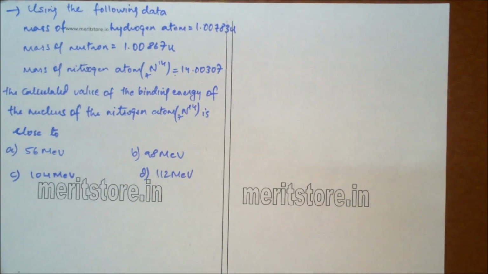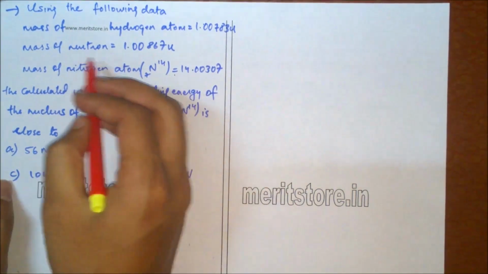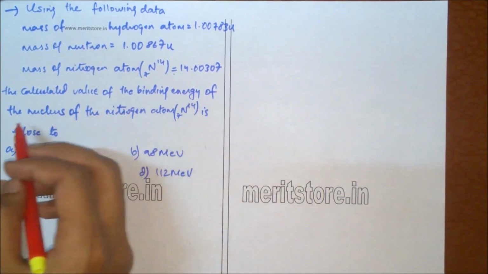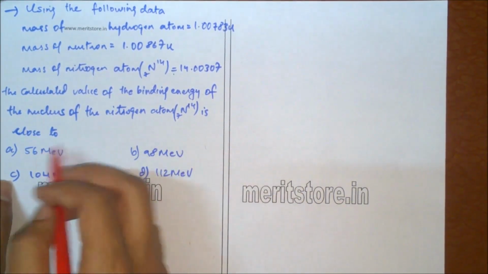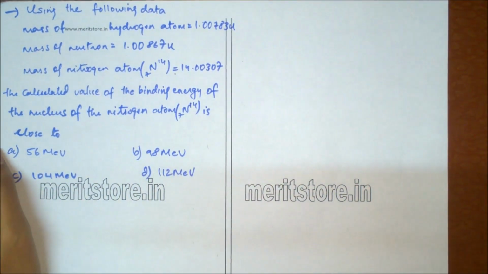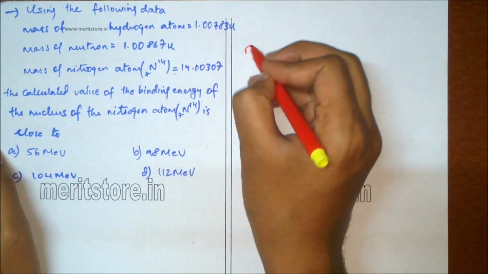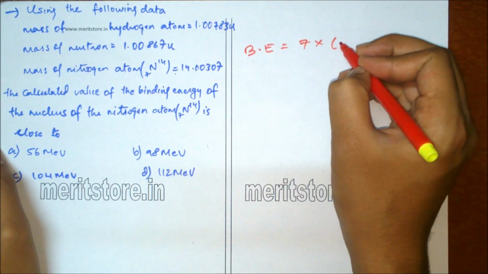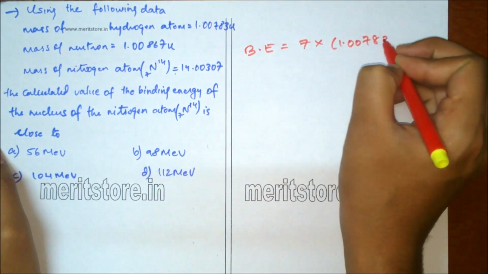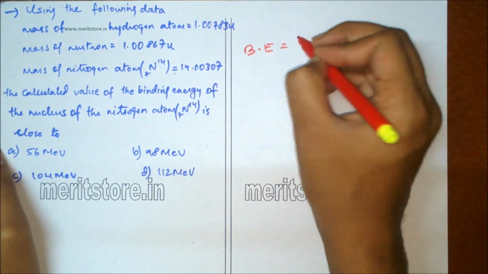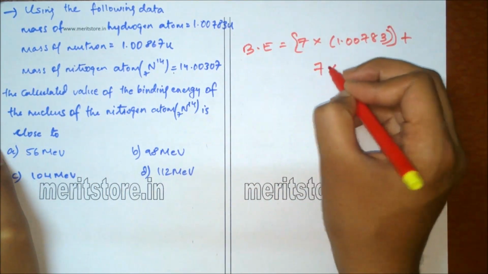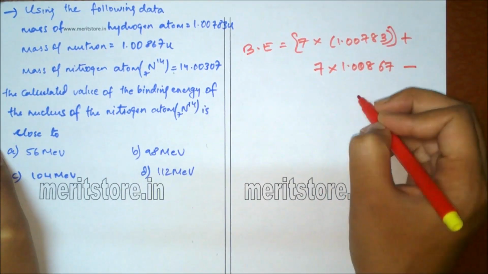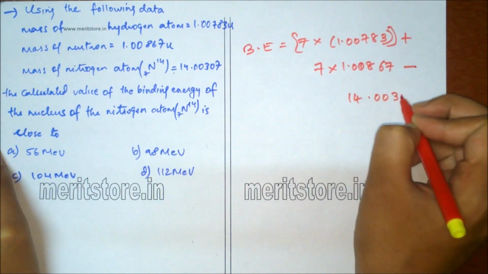Using the following data, mass of hydrogen atom is this, mass of neutron is this, mass of nitrogen atom is this. Calculate the value of binding energy of the nucleus of nitrogen atom. So we have to find the binding energy for nitrogen atom. So it will be 7 into 1.00783 plus 7 into 1.00867 minus 14.00307.